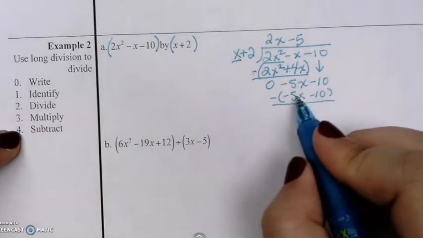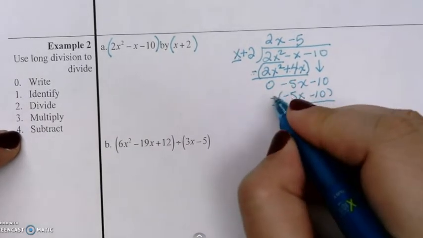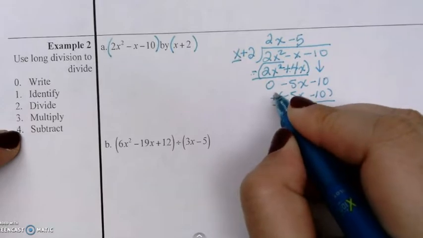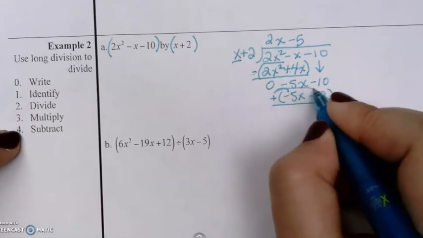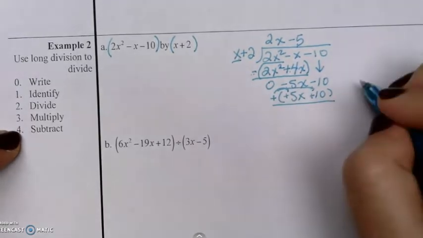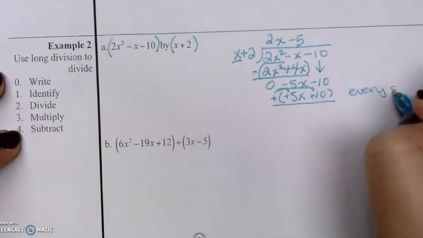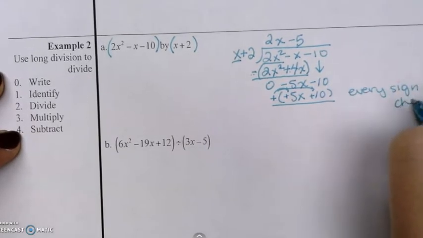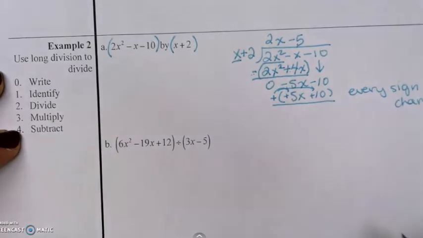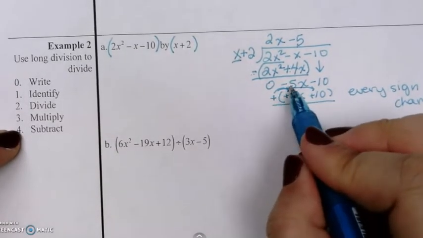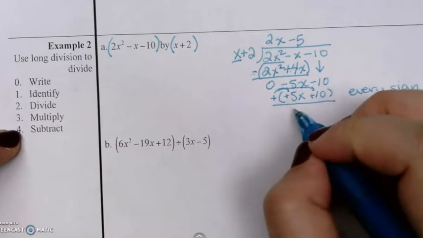So I'm going to show you, what does it look like when I distribute this negative? Well, if I distribute the negative 1, it becomes a positive 1, and I've distributed the negative. So every sign changes. Now I'm doing addition. So negative 5x plus 5x is 0.